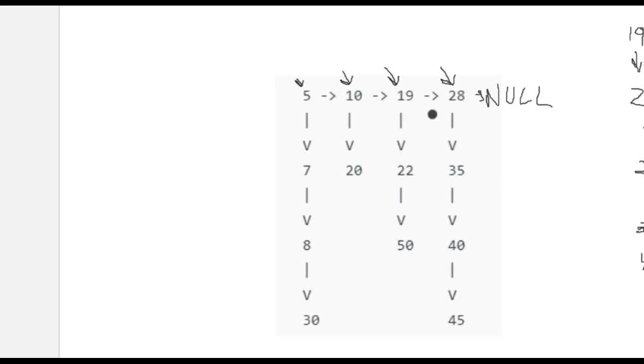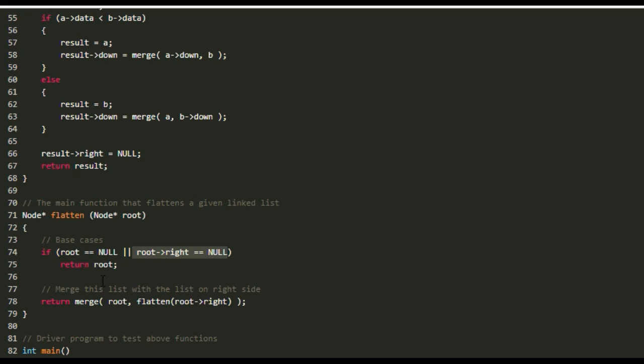After that, this merged linked list will combine with this linked list, and after combining this with this whole, a merge function will be executed, and it will simply return the answer to our main function.